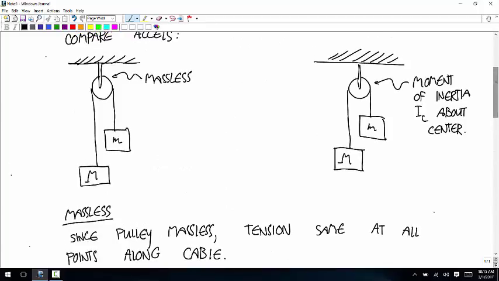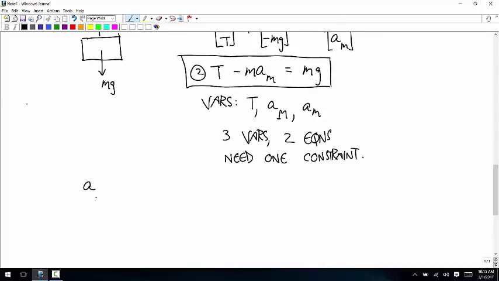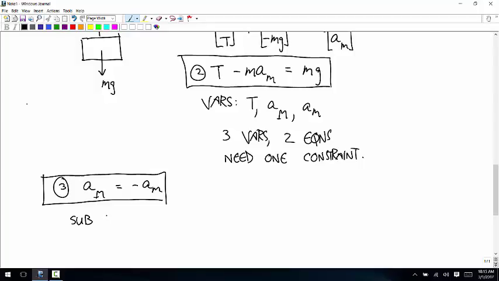We know that if this one goes down an inch, this one goes up an inch. So A big M is equal to negative A little m. So that's the third one, and I'll substitute that into 1 and 2.